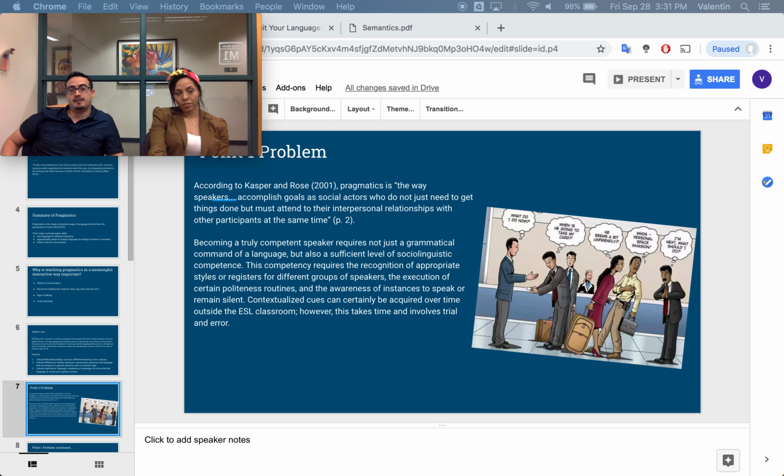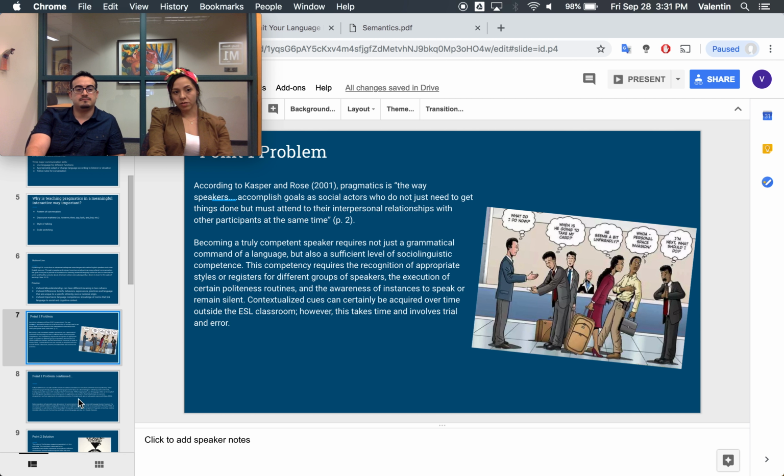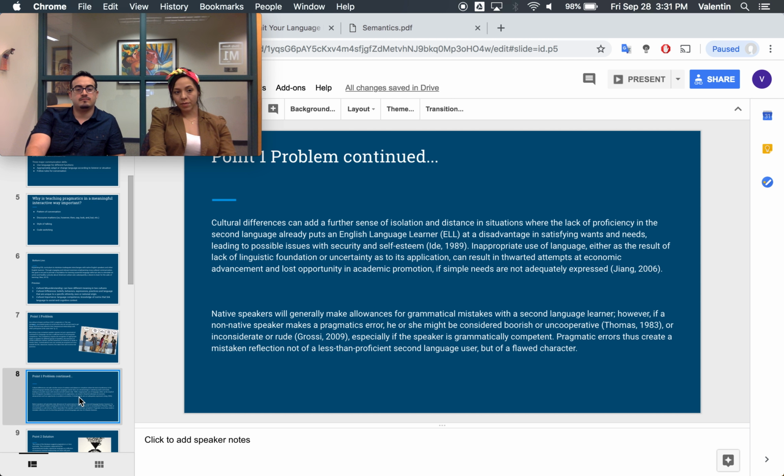And this competence requires recognition of appropriate styles, execution of politeness routines, and awareness of instances to speak or remain silent. Even though pragmatic cues can be acquired over time outside the ESL classroom, this can take a long time and involves trial and error. So, essentially, just being aware of pragmatics is not enough.